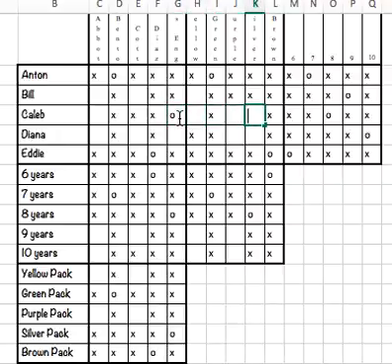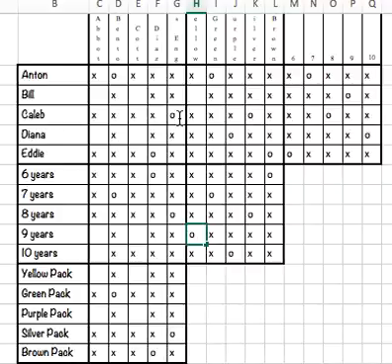And we know he has to have the silver pack. So when we put that O here, we put X's in the rest of that row and column. And X's in the rest of this row and column. And that tells us that Diana has to have the purple backpack, and Diana's 10, so we put an O here, and X's in the rest of that row and column, which tells us that the 9-year-old has the yellow backpack.